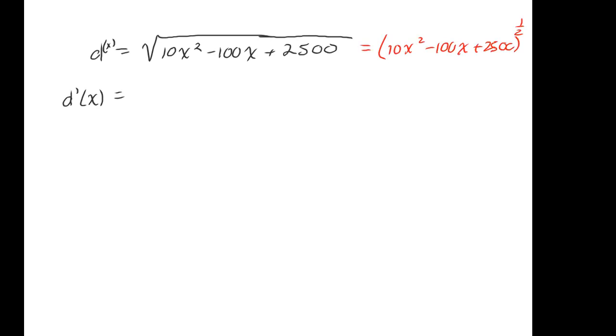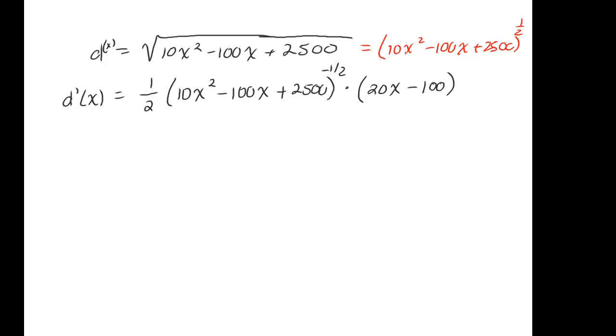My outside function is square root of whatever's inside, so that's 1/2 times whatever's inside, 10x squared minus 100x plus 2500, raised to the power of negative 1/2. And then I'm going to multiply that by the derivative of what's inside, which is 20x minus 100.